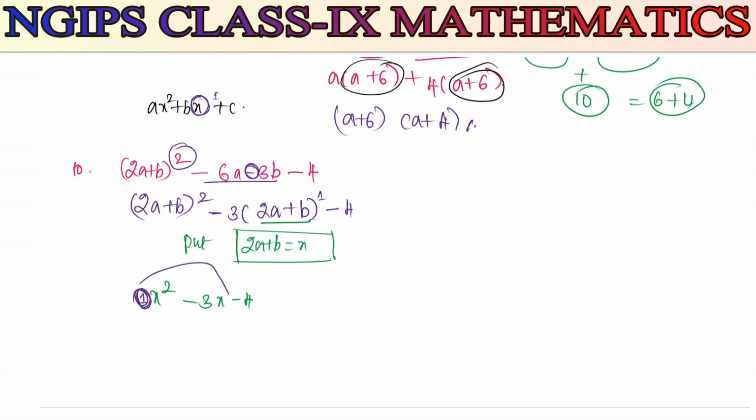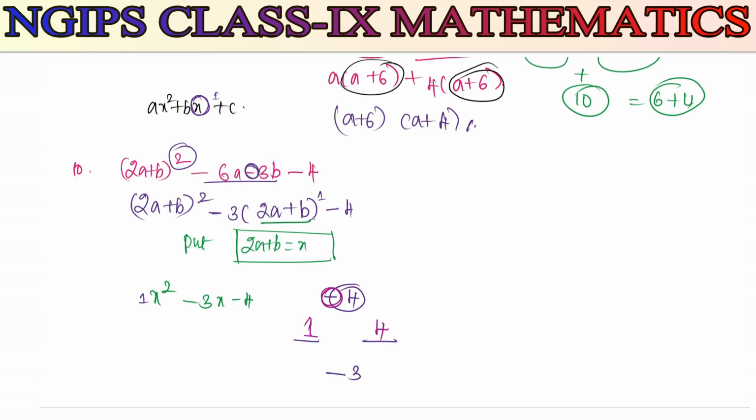So 1 into minus 4, we will get minus 4. When you take the product of two numbers, you have to get minus 4. At the same time, when you add, you have to get the middle term, which is minus 3. Now I have to fix the two numbers. I can take 1 fours are 4. But we have a negative sign here, right?